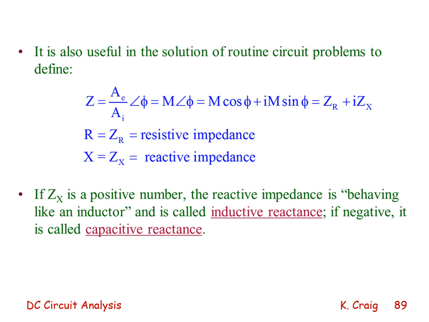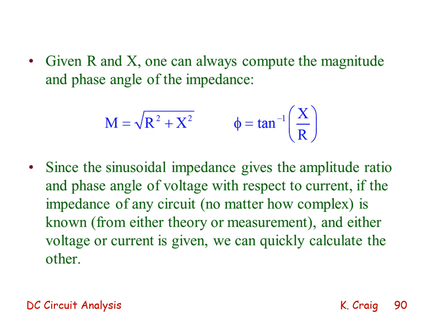We will cover this in great detail when we discuss capacitors and inductors and their reactance. So given R and X, one can always compute the magnitude and phase angle of the impedance using our formulas here, which you are familiar with.